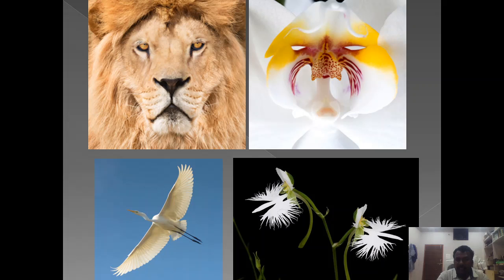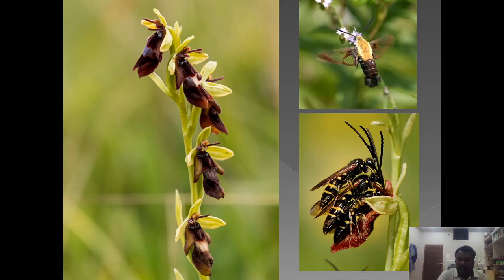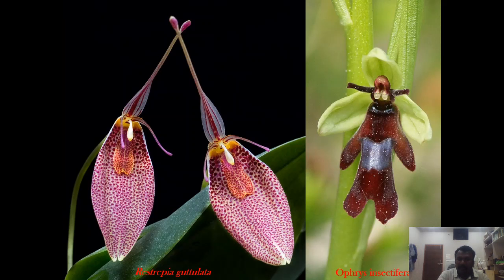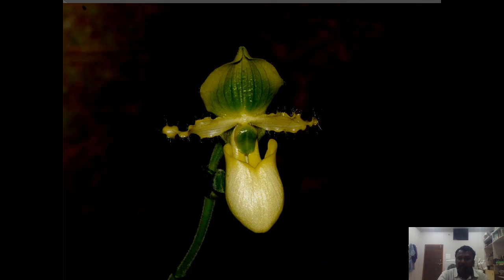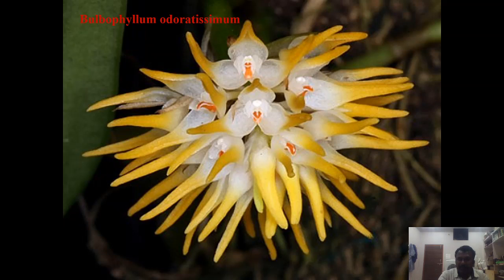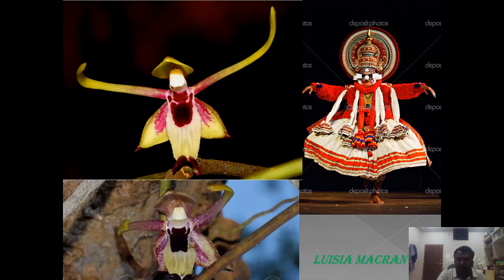And the lion orchid, also crane orchid, monkey orchids, bee orchids again, duck orchid, and then Paphiopedilum. You can see the beauty. Bulbophyllum, and Luisia, which is very common in our Telangana, and another Luisia, whose flower shape shows the civilization of the area.